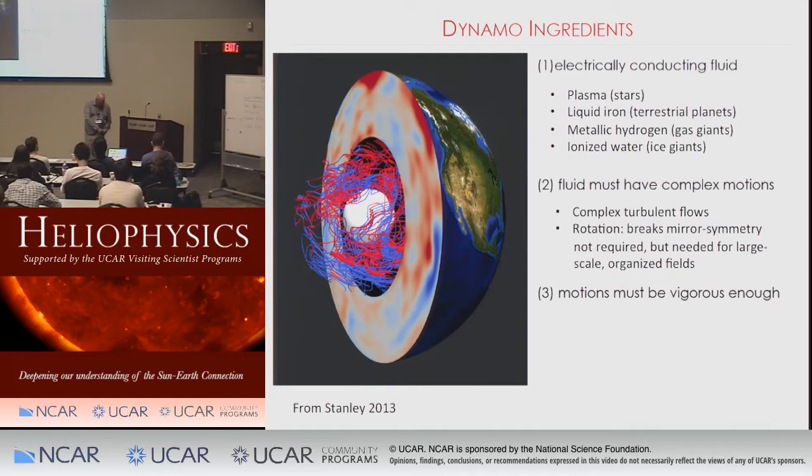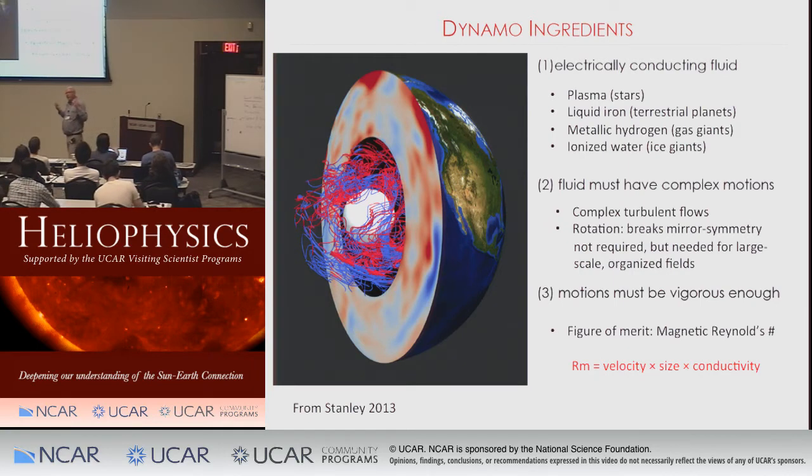Okay. So while rotation isn't essential, it's for all the magnetic fields we care about that we're really going to be able to make use of. It's going to be important. And what we need also is that this turbulence has to be sufficiently vigorous. And so there's one figure of merit known as the magnetic Reynolds number, which we'll get into.